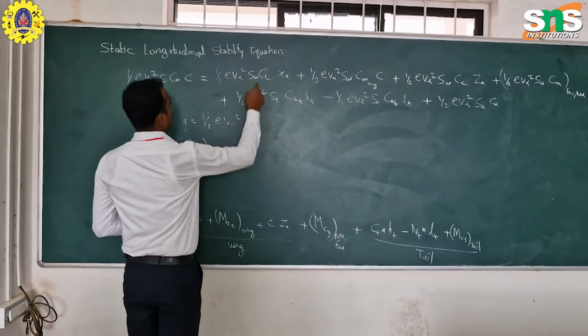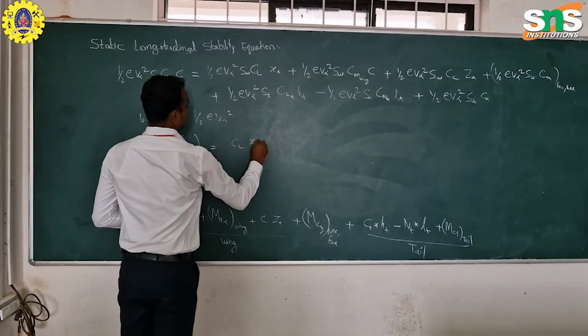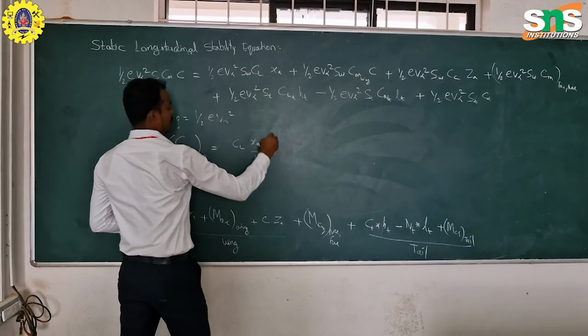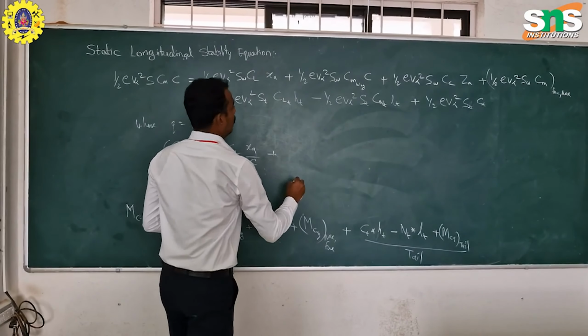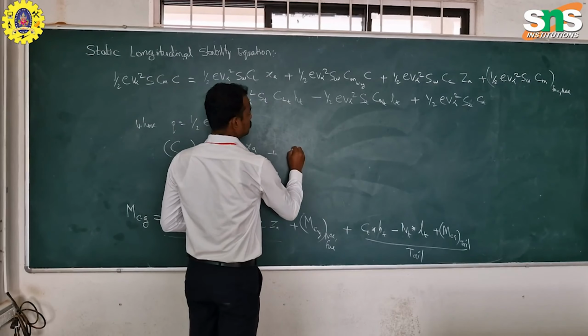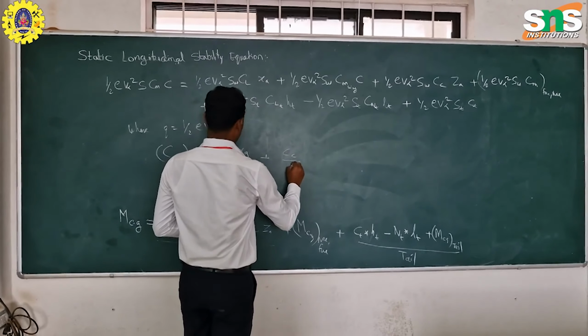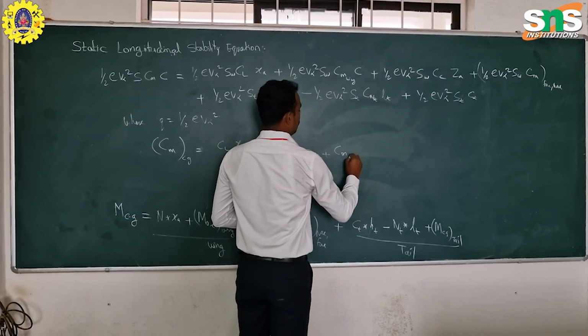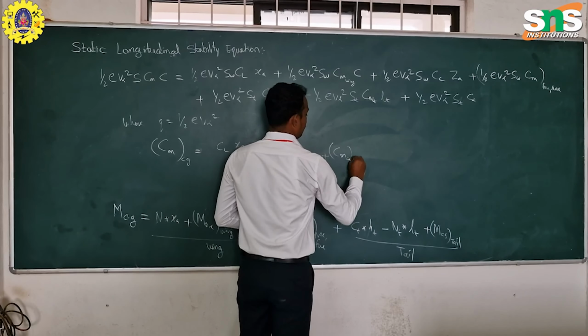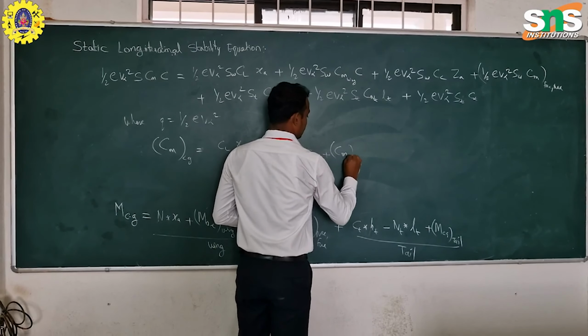So we will get CL by XA by C for wing plus CC by C into ZA plus CM aerodynamic center for wing.